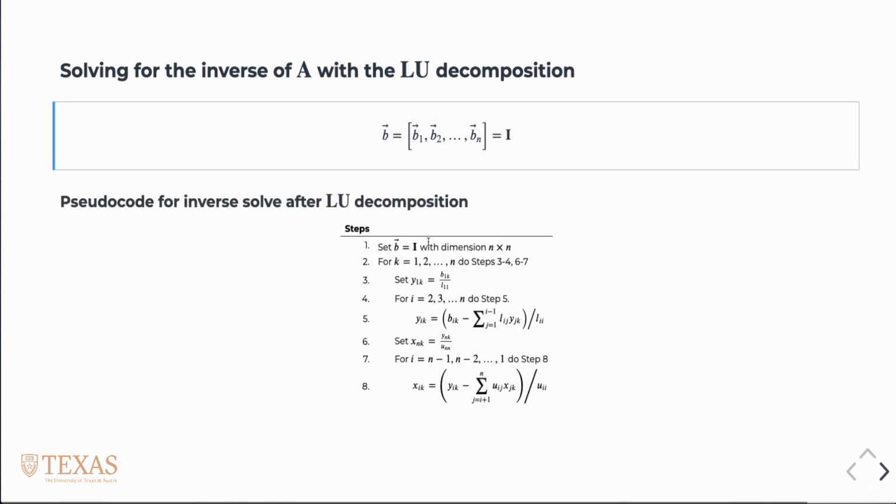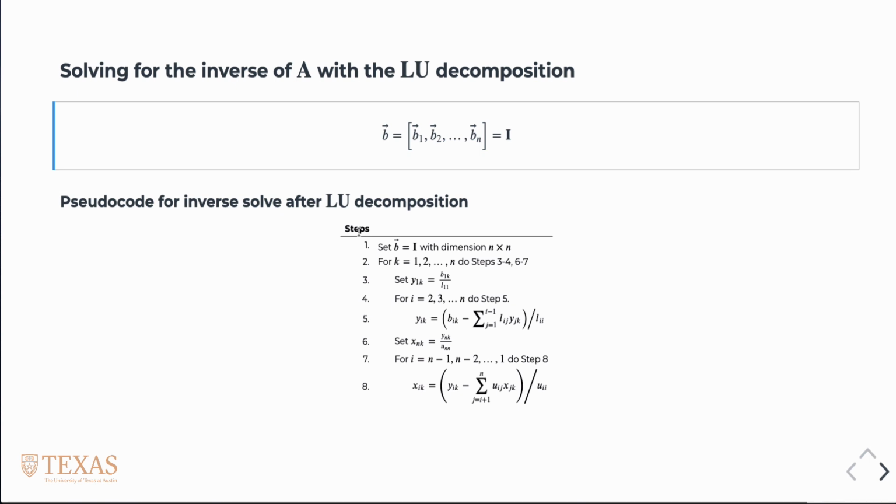We solve the system of equations for B1 as the right-hand side vector, followed by B2, followed by B3, on up to Bn. Basically, we're solving for the inverse of A one column at a time through this procedure.